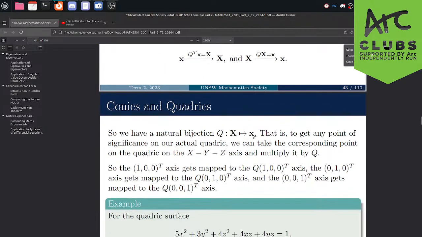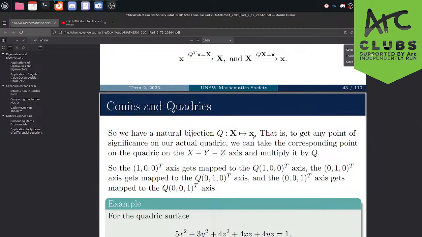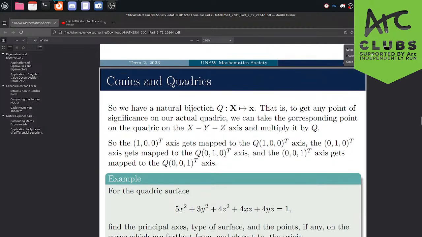So to find the principal axes of this quadric surface, you can basically do what you do normally for finding the axes of a rotation. So this is how the 1, 0, 0 axis gets mapped. This is the first standard basis vector, the second standard basis vector, and the third standard basis vector.